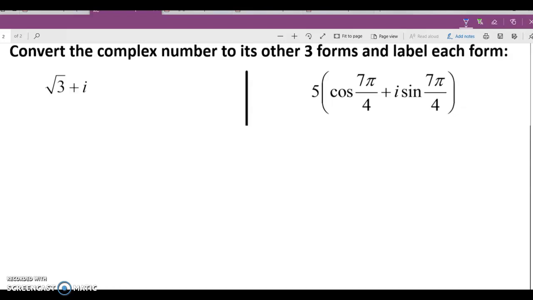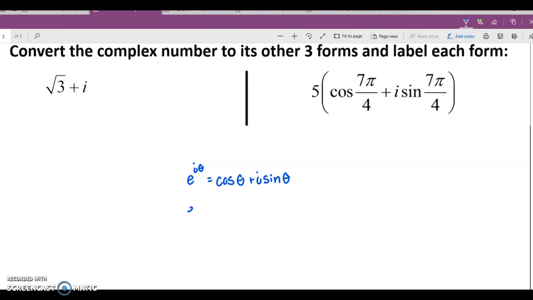Another fun little tidbit is that I don't know if you guys remember, but my favorite mathematical formula is e to the i theta is equal to cosine theta plus i sine theta. So this is where this comes from, just so you guys know.